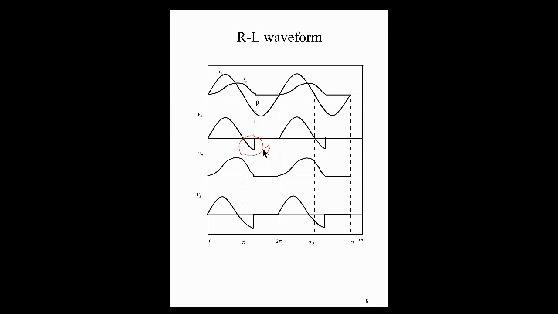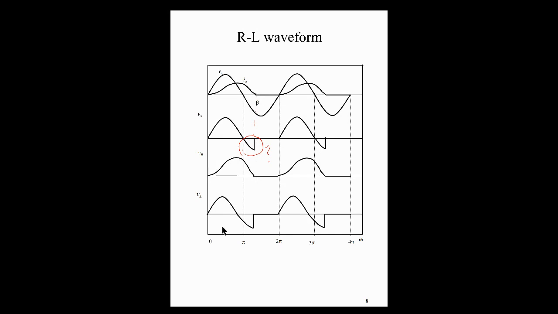So it has nothing to do with the diode breaking down. It's because of the inductive load that is in the circuit, right? The other waveforms are pretty much straightforward. The voltage waveform across the resistor will basically follow the current waveform in the circuit, right?